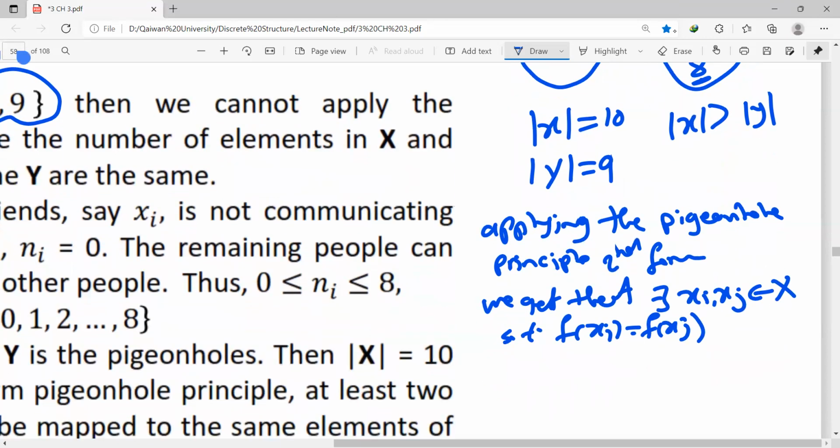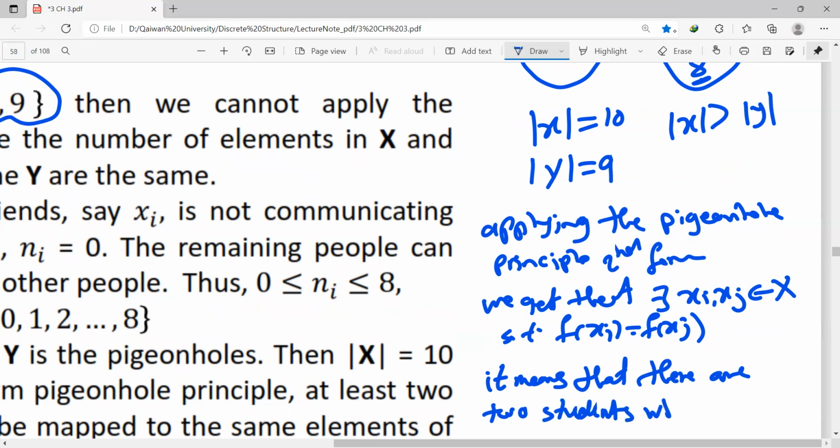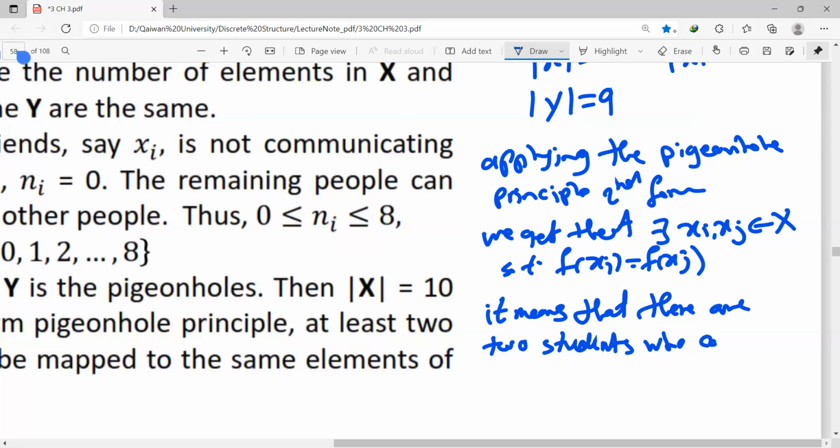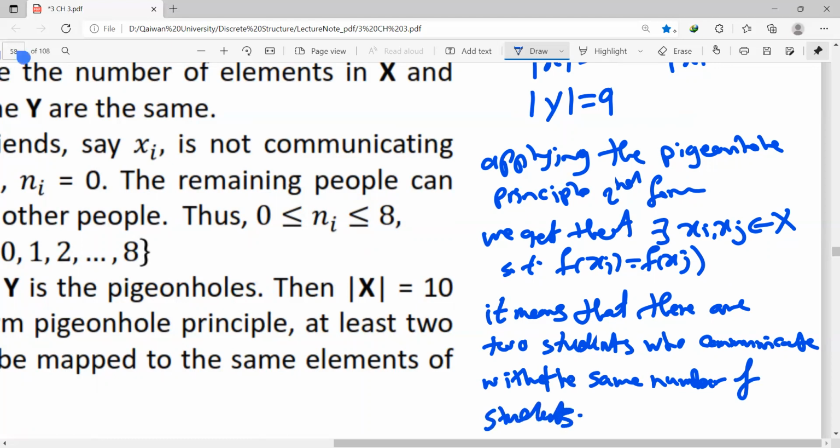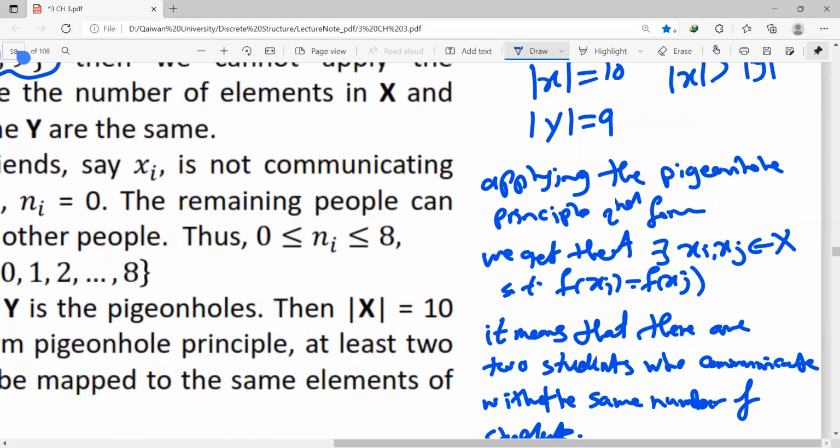It means that there are two students who communicate with the same number of students. Okay, so that's all here.